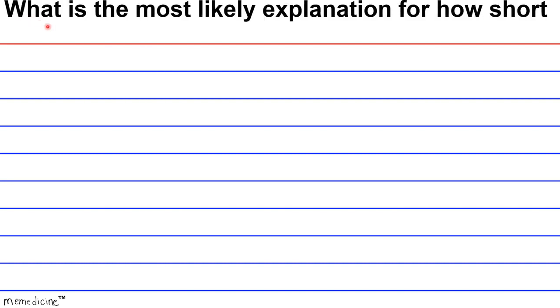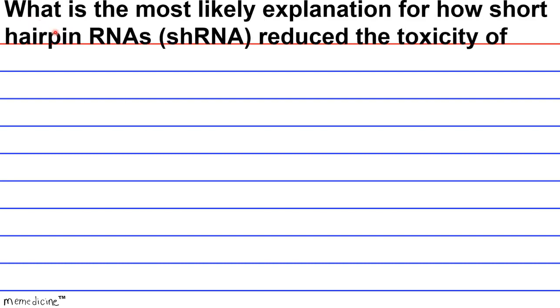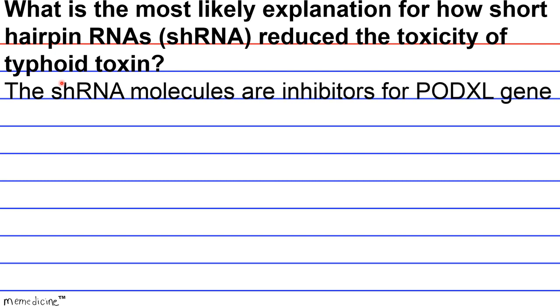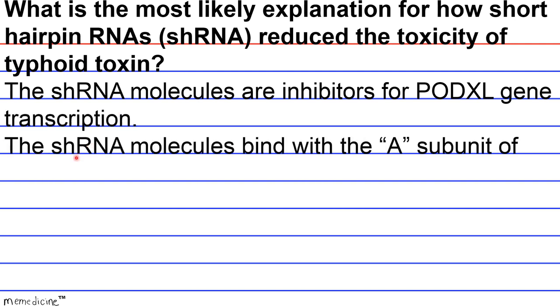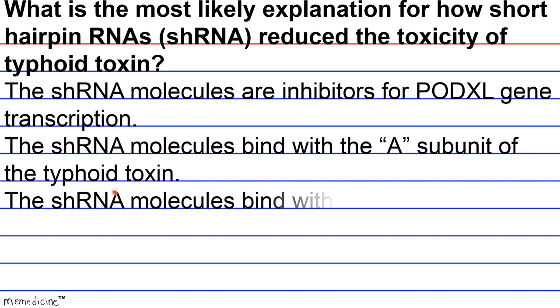All right. What is the most likely explanation for how short hairpin RNAs, shRNA, reduce the toxicity of typhoid toxin? Is it A, the shRNA molecules are inhibitors of PODXL gene transcription? Is it B, the shRNA molecules bind with the A subunit of the typhoid toxin?